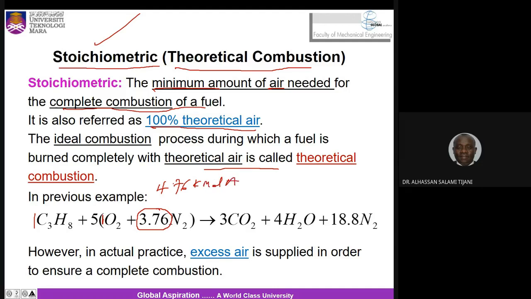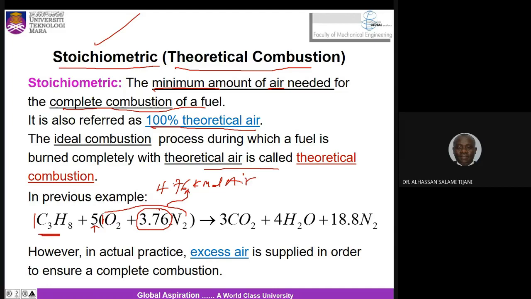Of the air. So the air is referring to this thing in the bracket. Okay, that is the air. And this 5, this is what is called the stoichiometric amount, or the stoichiometric number of moles of air required for the complete combustion of this fuel.